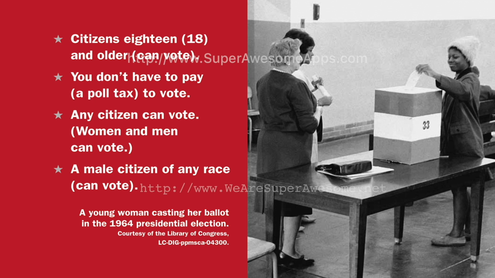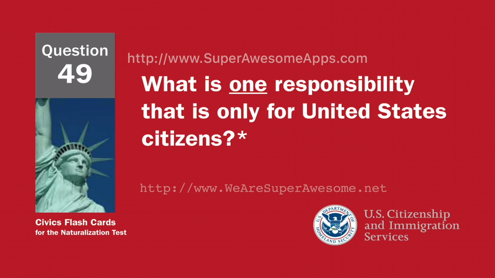Citizens 18 and older can vote. You don't have to pay a poll tax to vote. Any citizen can vote. Women and men can vote. A male citizen of any race can vote. What is one responsibility that is only for United States citizens?